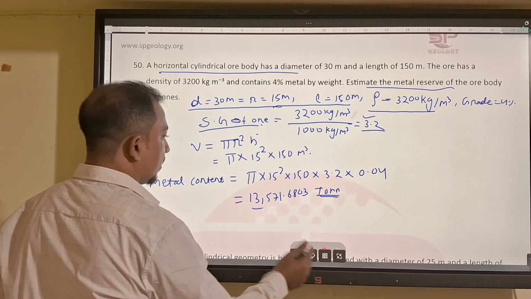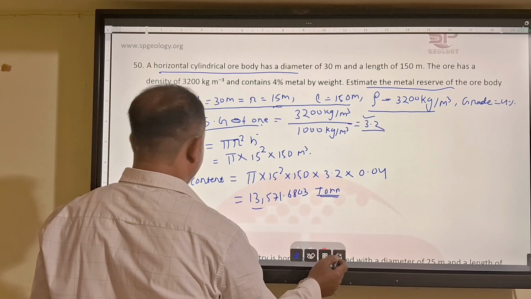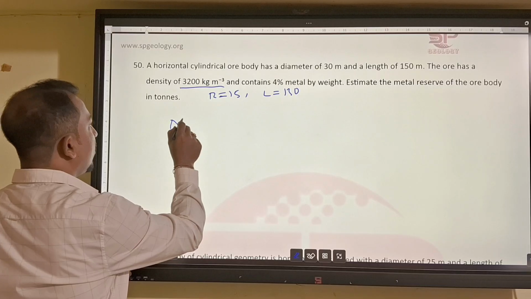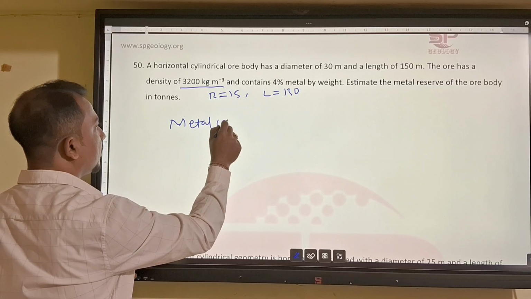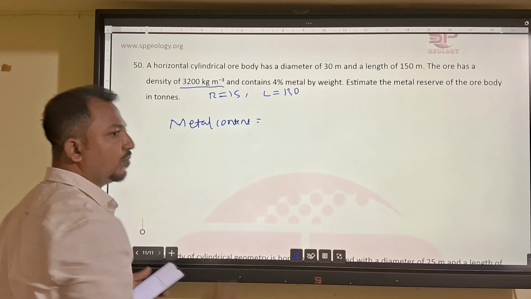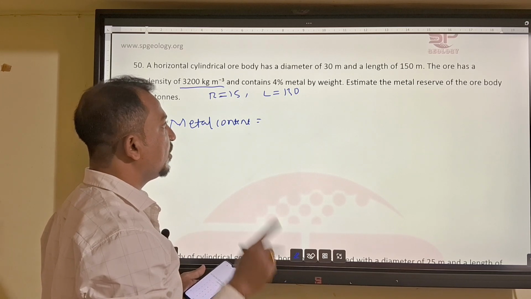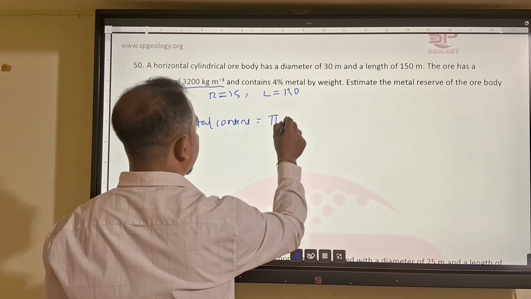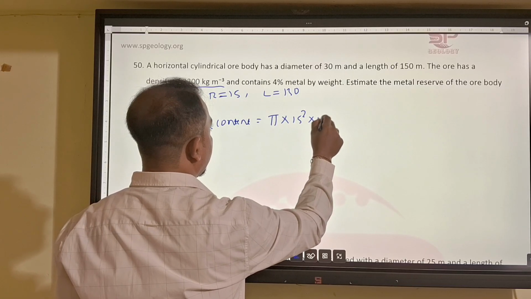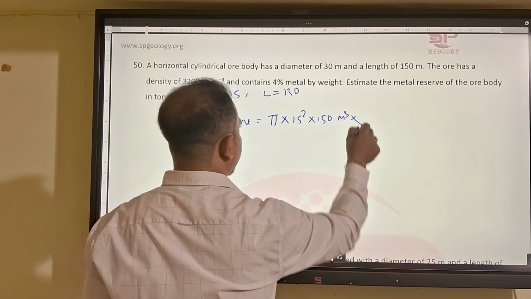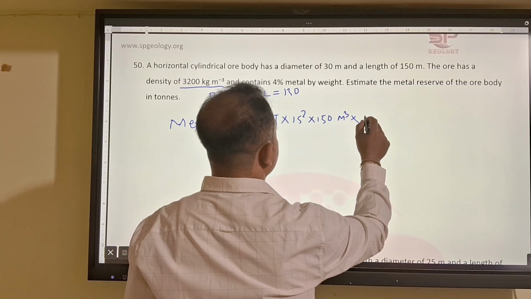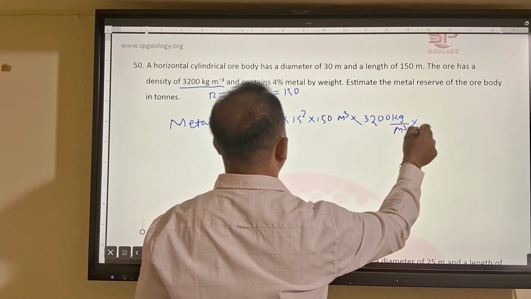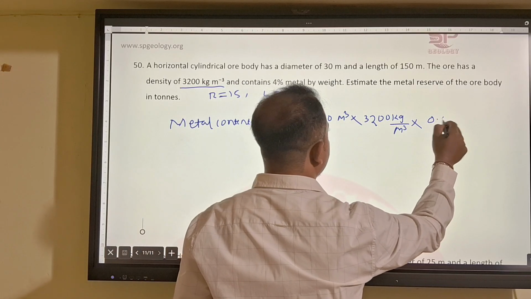Let me show you how it is coming. The metal content will be volume into density into grade. So volume is pi into 15 square into 150, in meter cube, and density is 3200 kg per meter cube, and metal content is 0.04.